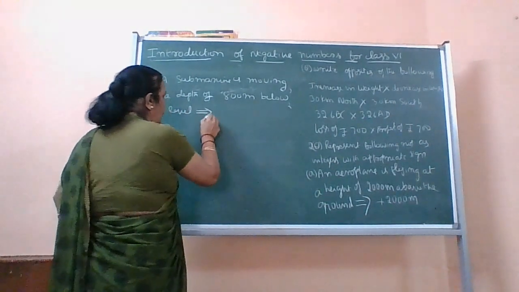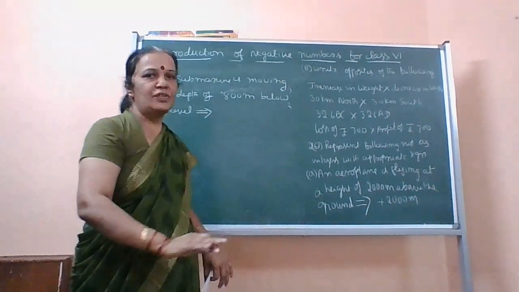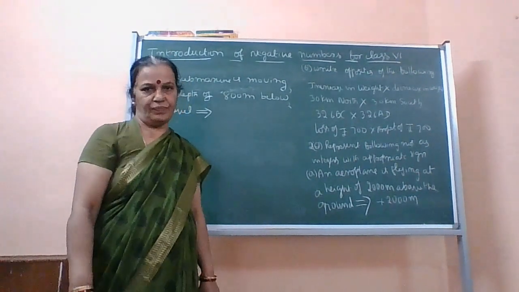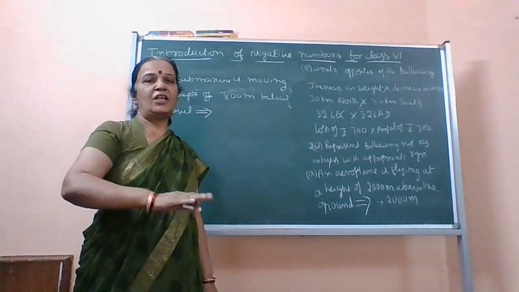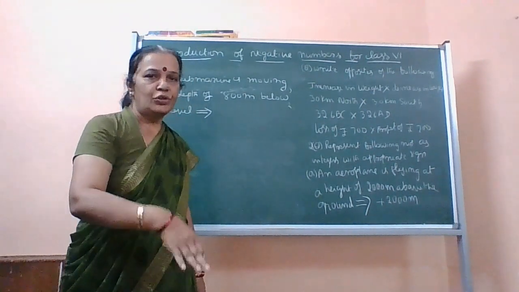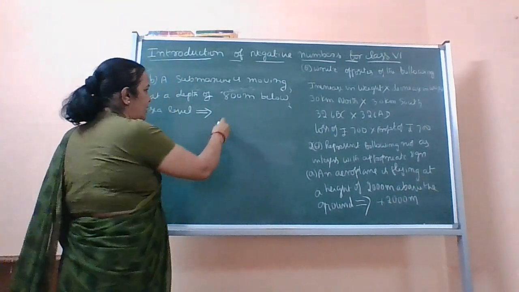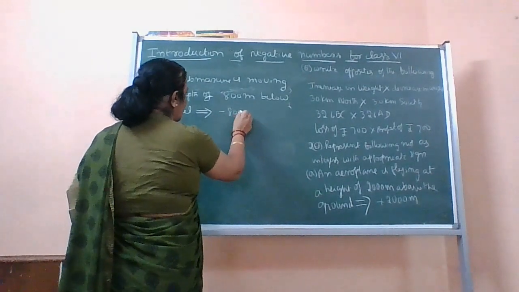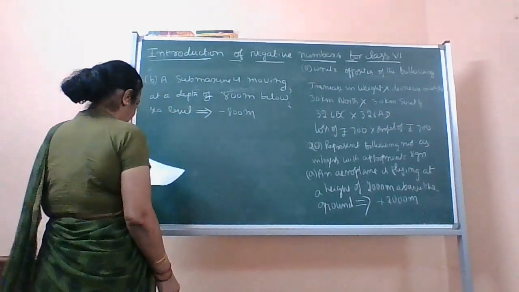See, if you consider ground as 0, then if you go towards up, it is plus, and if you go towards down, it is minus. Therefore, it is minus 800 meters.